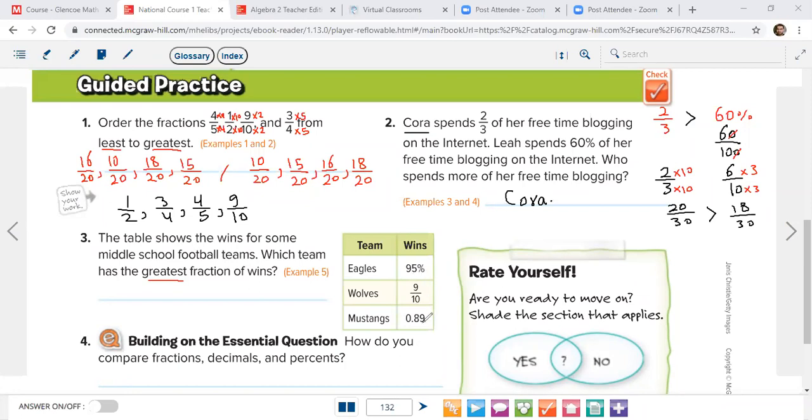For me, it's easy to make them percent right now, so I move this one to the right two places. It will be 89%. You know that 9 over 10, if you multiply by 10 up and down, means 90 over 100, means 90%. So that we can discover that Eagles is the greatest, 95%. So just write here Eagles.